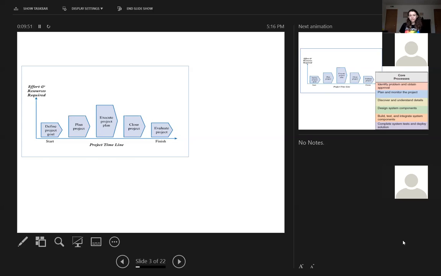It's true that closing and evaluation must in reality take almost the same amount of time and resources as planning and defining. So the last two phases are as important as the first two phases, but is it really the reality? Is it what we do as project managers? Probably not.